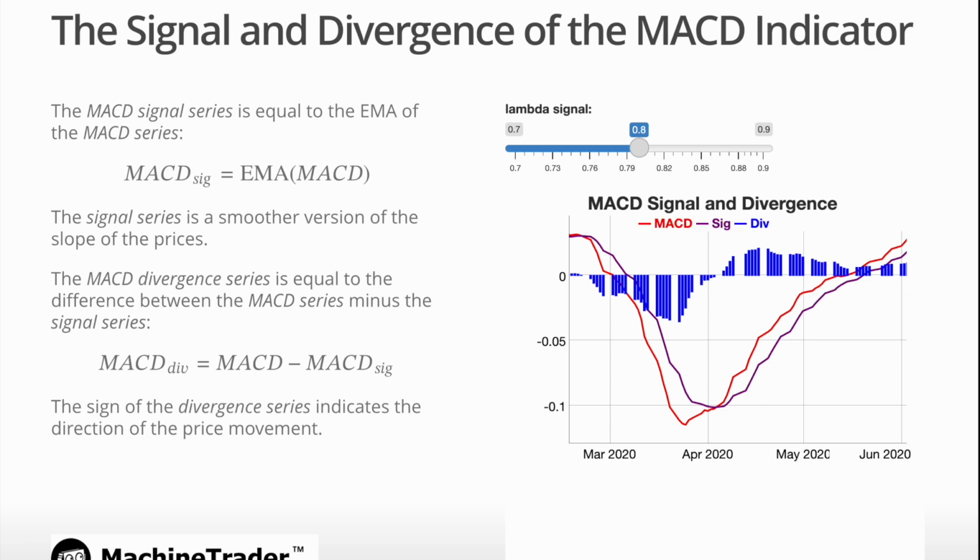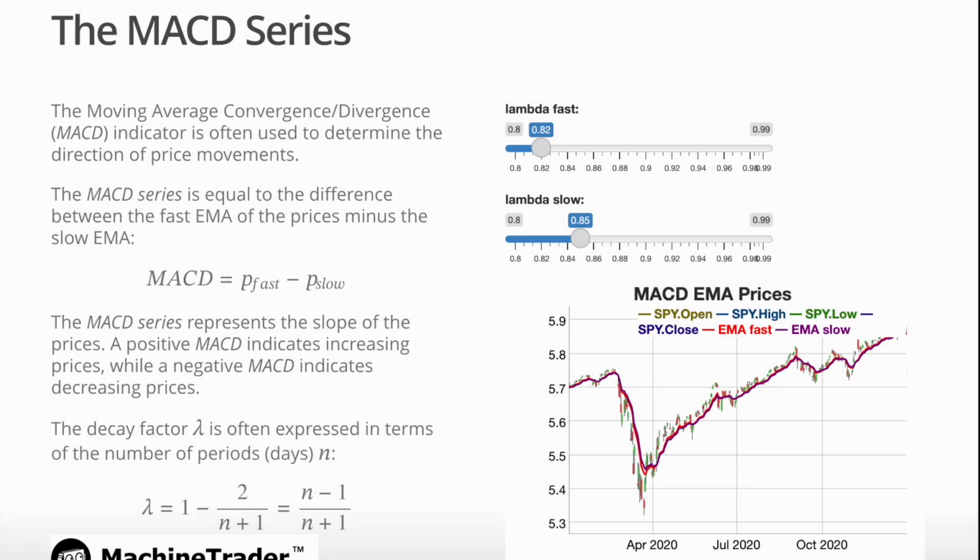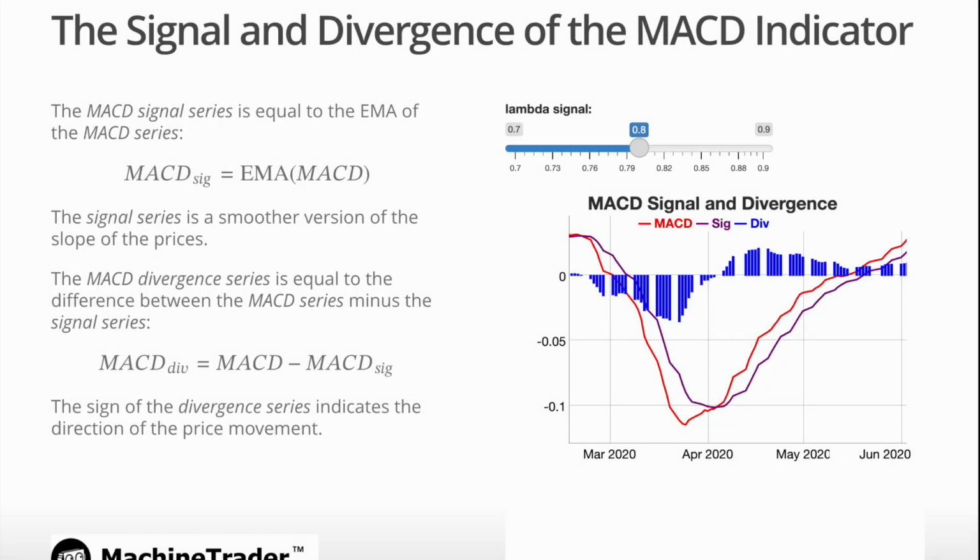There is, though, a lag just as before. Because the prices actually bottomed out on March 20th. And the MACD divergence didn't switch sign until April 3rd. So about 2 weeks lag.